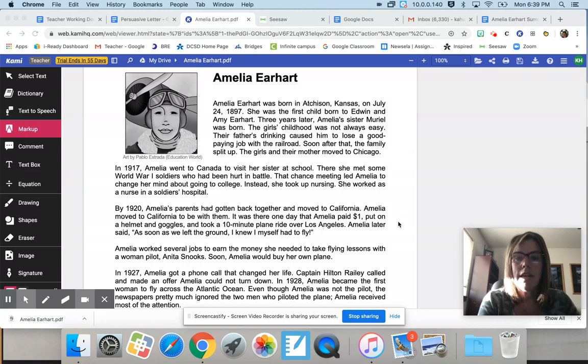She was the first child born to Edwin and Amy Earhart. Three years later, Amelia's sister Muriel was born. The girls' childhood was not always easy. Their father's drinking caused him to lose a good-paying job with the railroad. Soon after that, the family split up. The girls and their mother moved to Chicago.